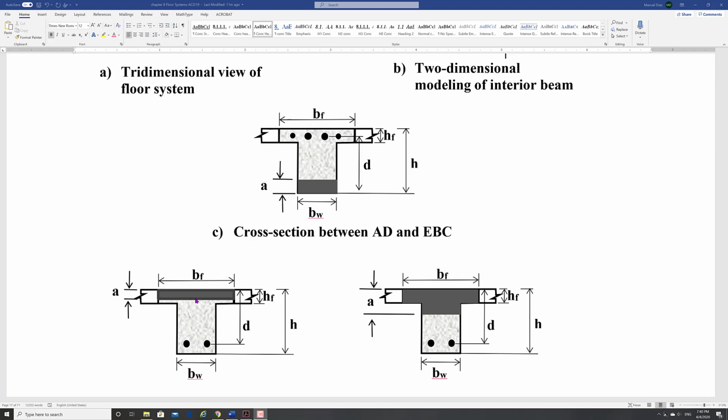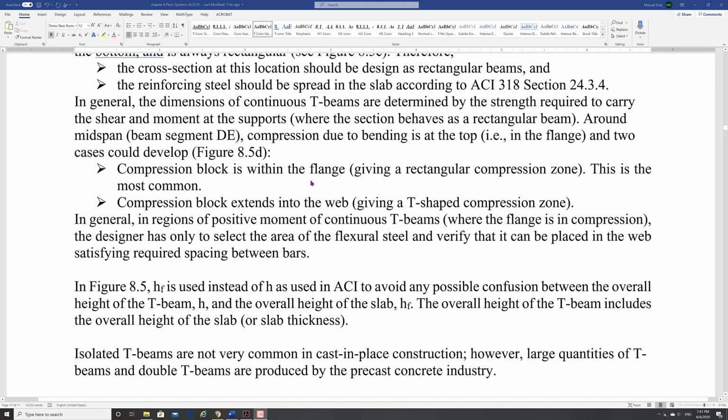The a value could be within the flange, and that means we use the same formulas that we've been using, but with b_f as the width for the compression side. Or we may have to use the T-section formula because the a value goes into the web. That's something that we have seen already on these formulas that we already developed. So we have that, and that's what we're explaining on all this here.